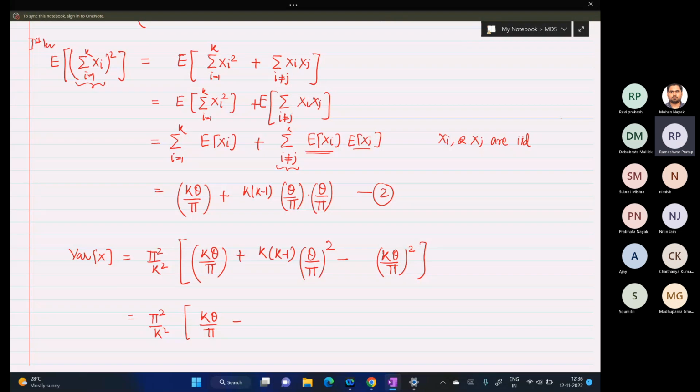So the first term will cancel out with this one, right? Or maybe I'll just do it. k square theta by pi whole square minus k theta by pi whole square minus k theta by pi whole square. So this will get cancelled out with this.